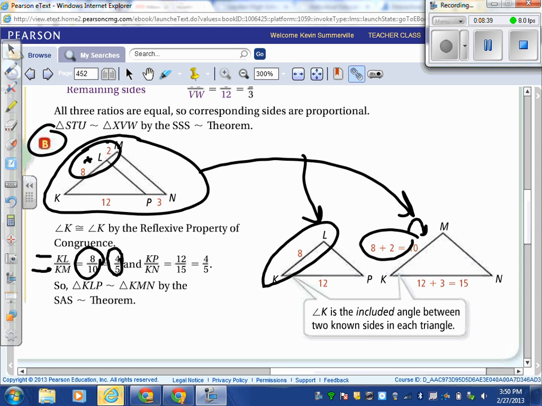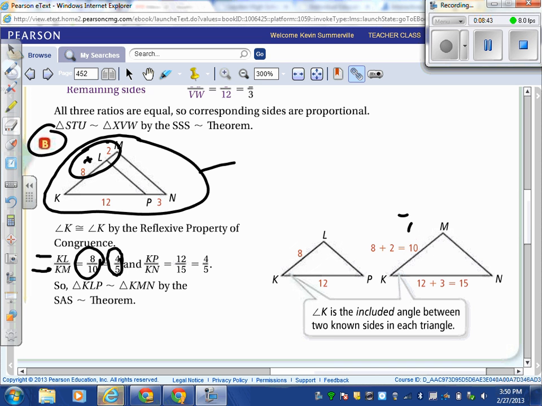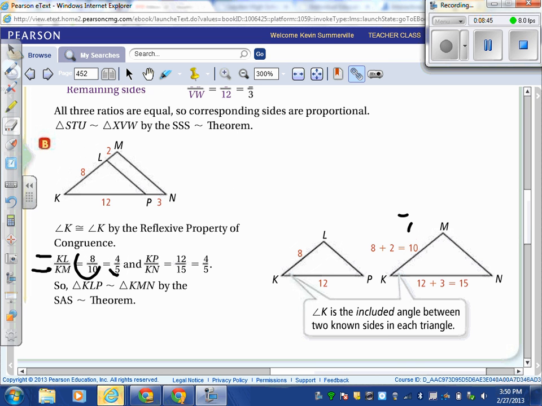We then have to compare another side to see if we get the same proportion. We're going to take a look at side KP and side KN. KP is 12.